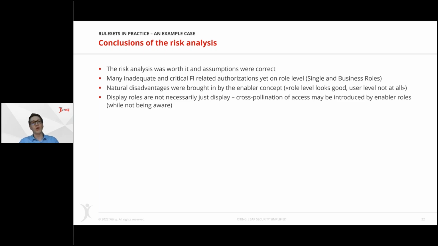And then in the end, we also had conversations about display roles, since they were using them quite a lot. The display roles weren't always necessarily just display roles, because we had some sort of cross-pollination, again caused by the enabler roles. And then the risk analysis helped us to reshape those enabler roles, to make sure that we get rid of some cross-pollination of access.